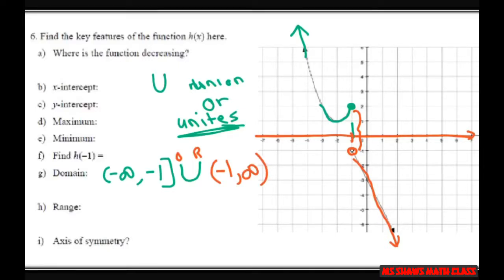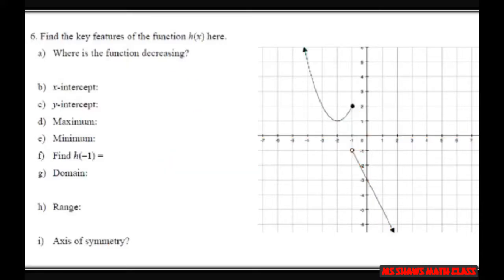All right, let's look at the range. This is where we're looking at from here to here. We're looking at it this way. So this is -infinity, and this is infinity.